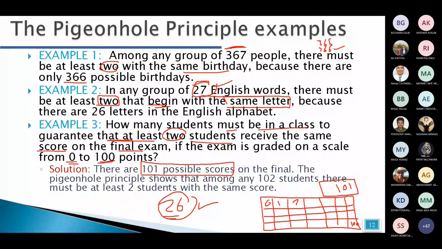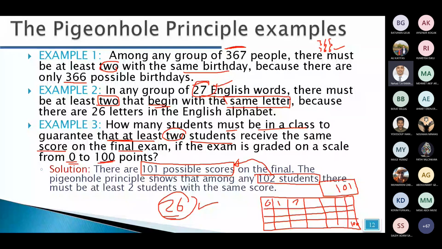So we must have 102, which is more than the number of different scores, the number of different scores plus 1. This is the lowest number. So to show that there are 2 students with the same score, we must have at least 102 students.